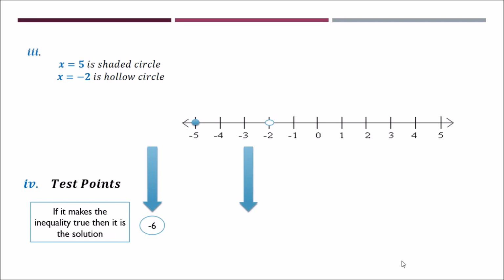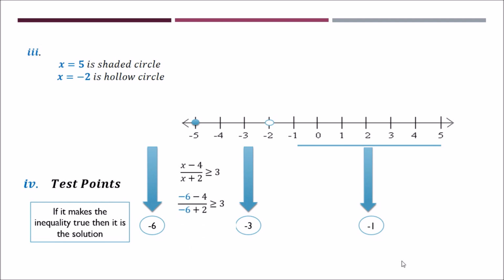And we'll find numbers in between -5 and -2 and I'll choose -3. And we'll find numbers greater than -2 and I'll choose -1. Then we'll start solving or testing for -6.